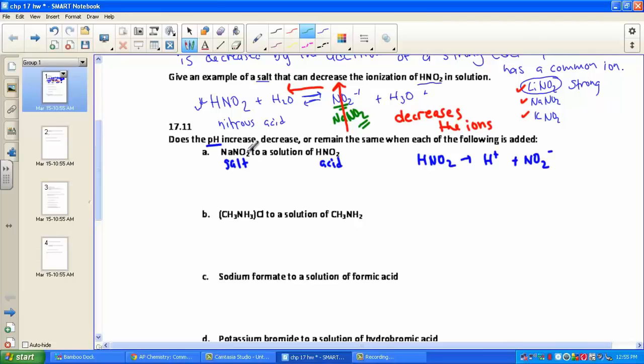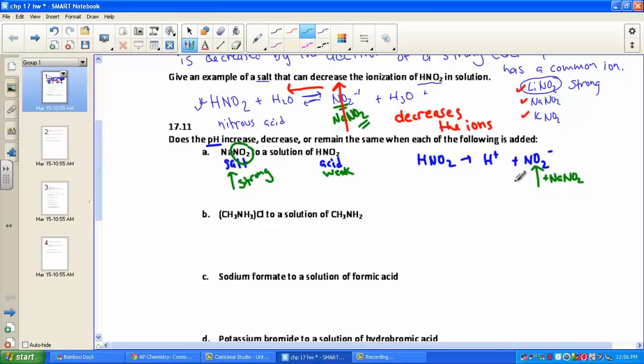The salt, of course, NaNO2, has the common ion nitrite. If I increase nitrite by adding sodium nitrite to this equilibrium, remember this is strong. There is no equilibrium here, and this is a weak acid. So this indeed is where the equilibrium is lying, is with the acid, not the salt.